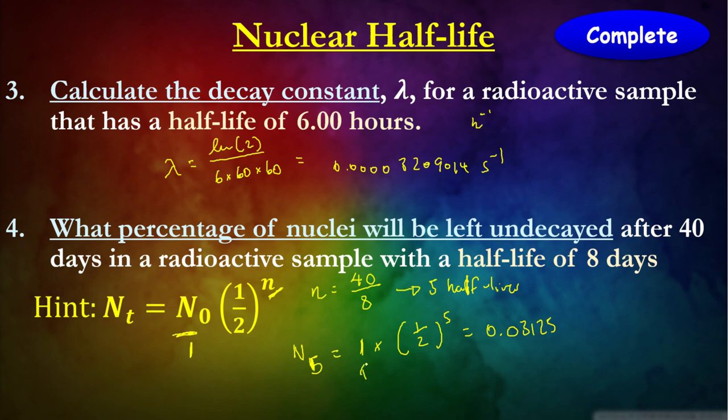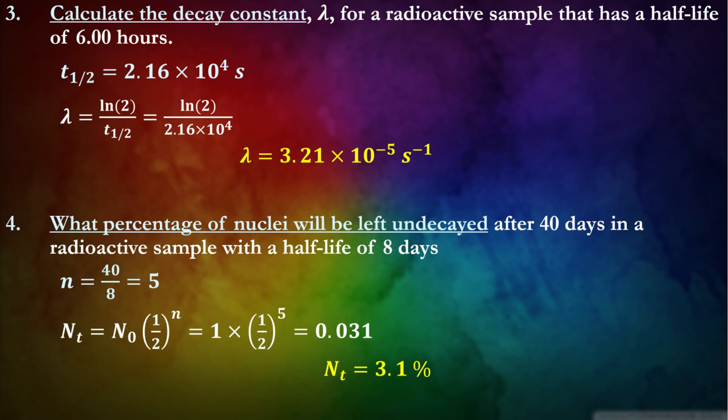If we're using 1 as 100%, we are only down to the remaining 3.13 or so percent of the radioactive sample. Okay, so that shows you how to do the calculations for nuclear half-life.